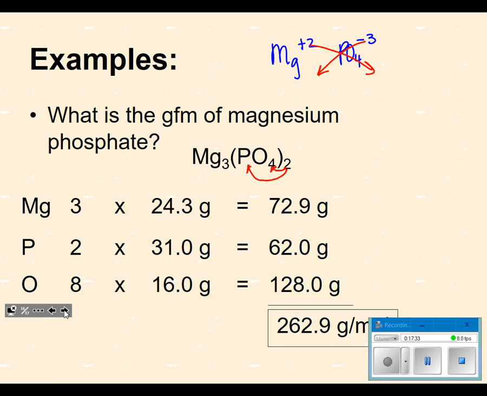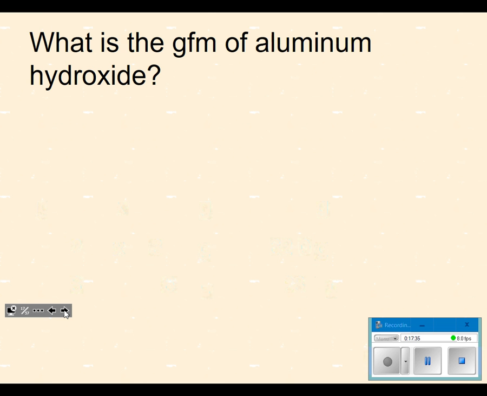All right? So here's another one, aluminum hydroxide. Well, aluminum on the periodic table is Al. It's in column 3A, so it's a +3 charge because it loses 3 electrons. Then hydroxide's a polyatomic ion of OH with a -1.